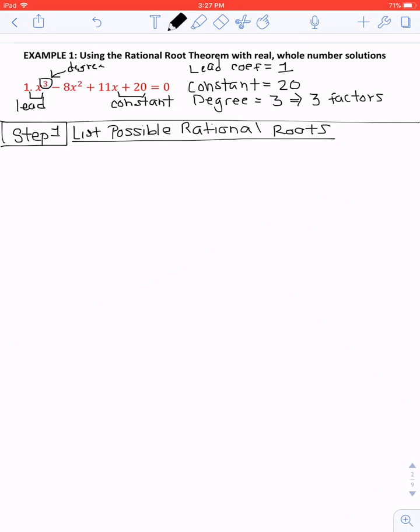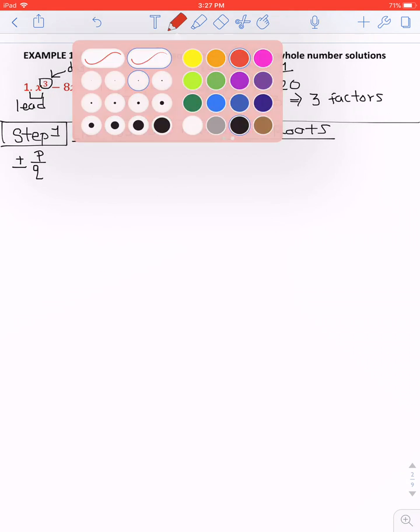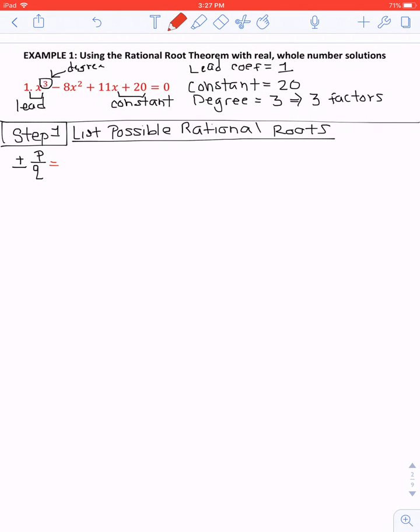We're going to use that rational root theorem, which means we need to utilize plus or minus p over q. All right, so plus or minus p over q. So p is your factors of constant. Q is the factors of your lead coefficient.